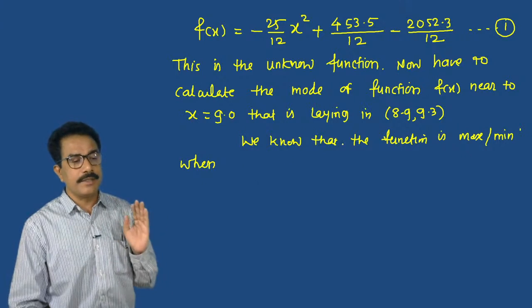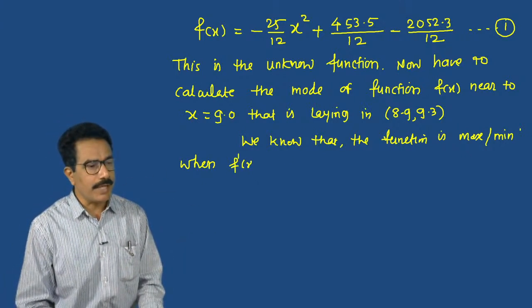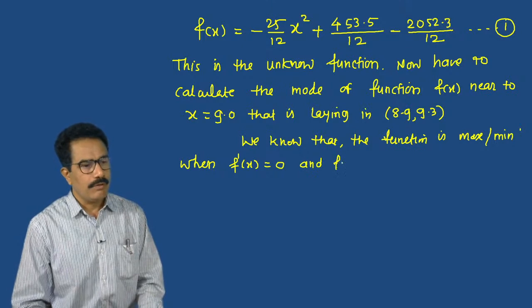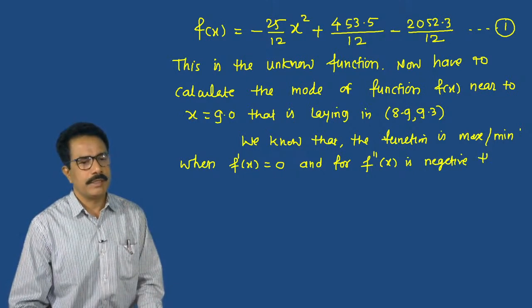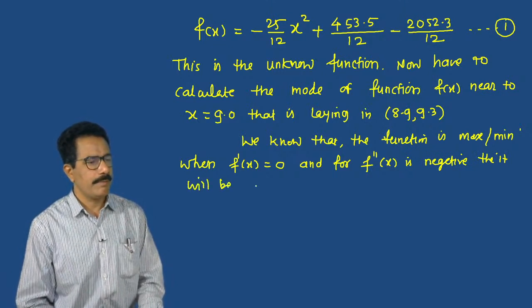We know that the function is a maximum or minimum when f dash of x is equal to 0. Okay. And for f double dash of x negative, then it will be a maximum.